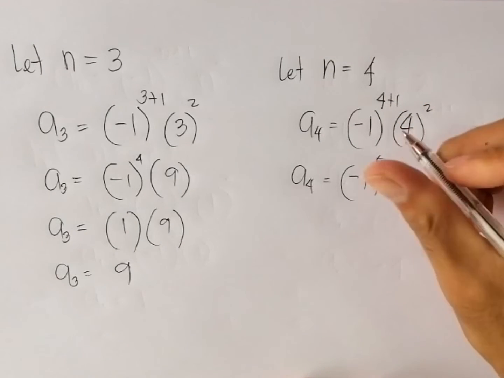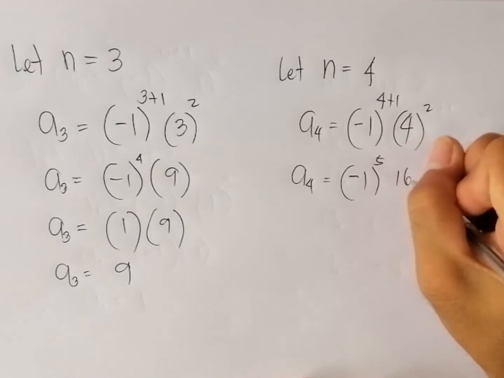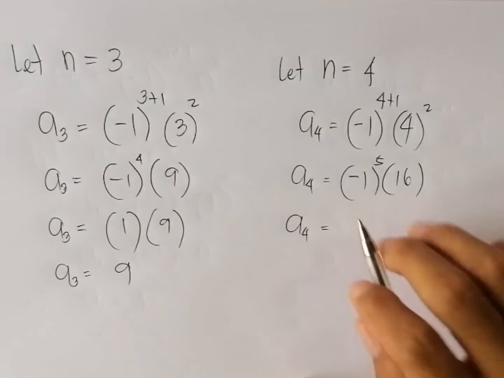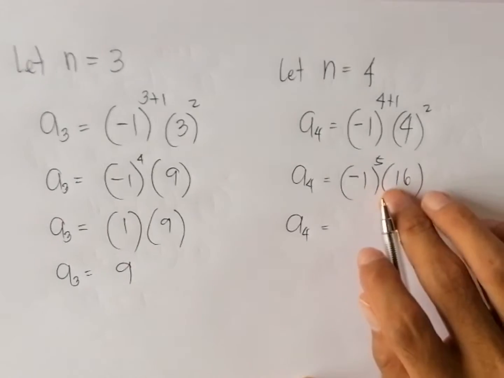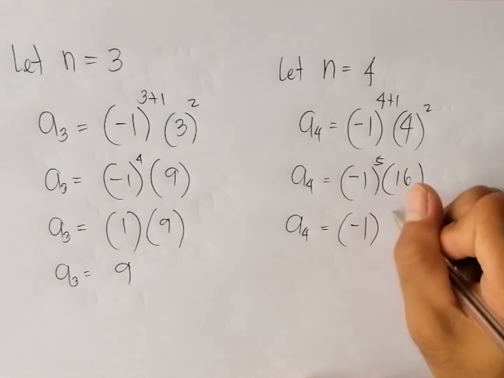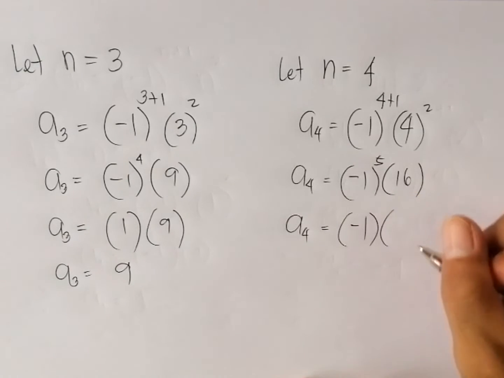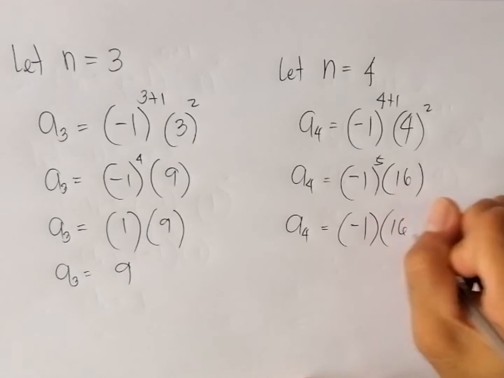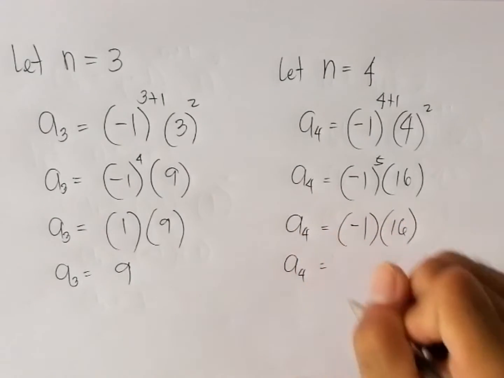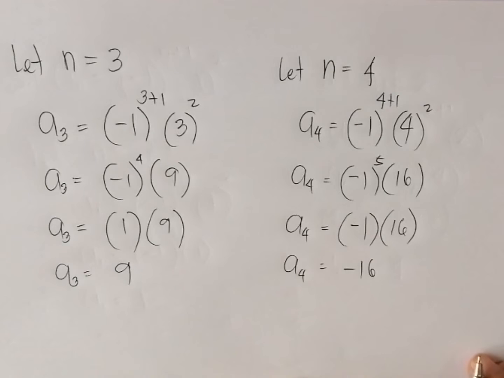Then 4 squared is 16. So a sub 4 is equal to the quantity of negative 1 raised to the power of 5, that is equal to negative 1. So 1 times negative 1 times 16, that is equal to negative 16.